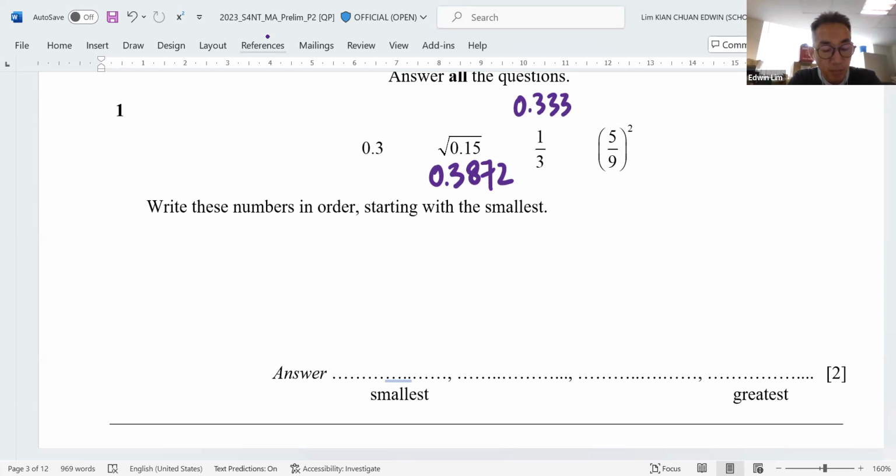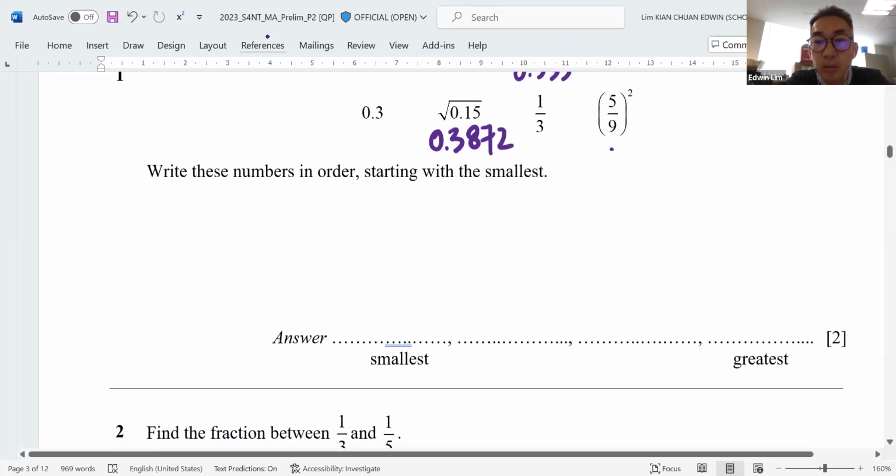Lastly, 5/9 squared, you will get 0.3086.